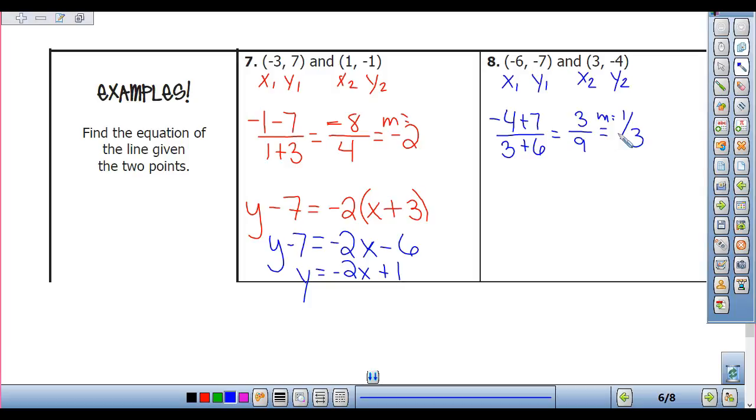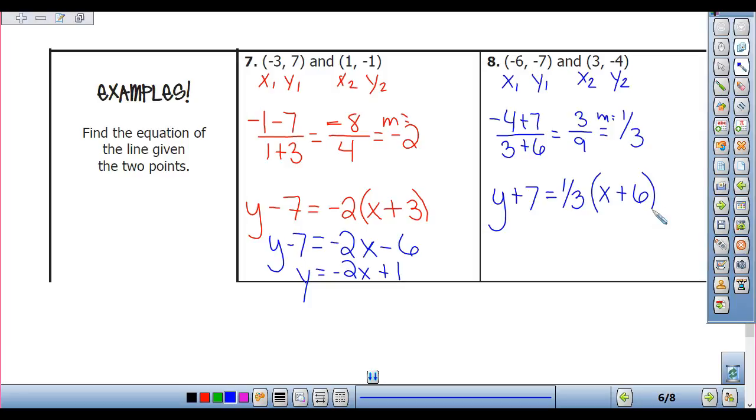Once you have your m, now use your m, x1 and y1, and put it in the point slope. Everybody's got that as their point slope?